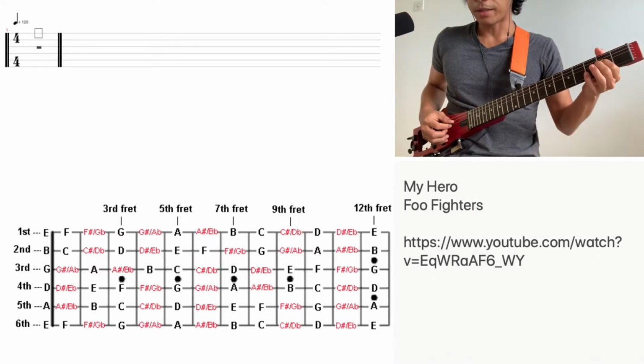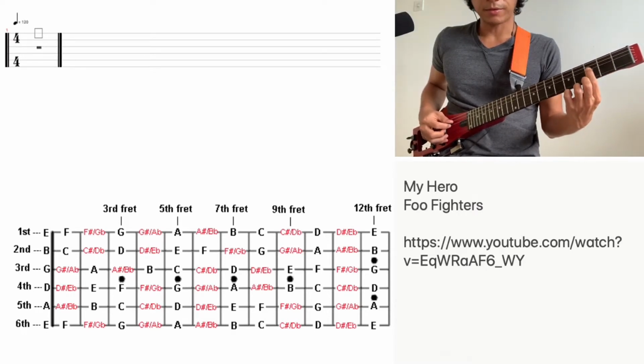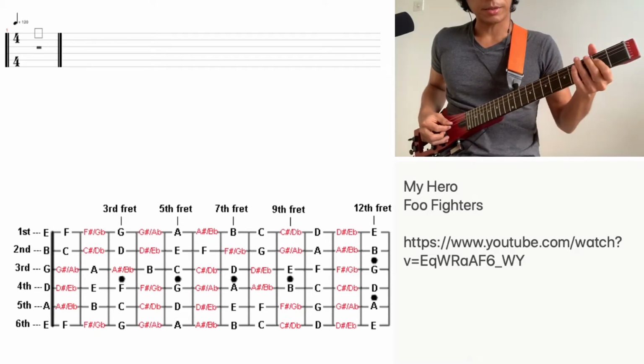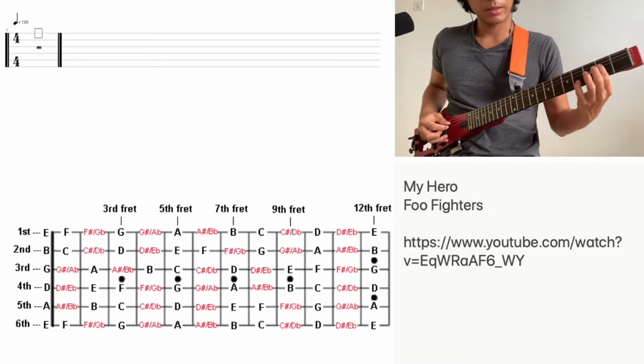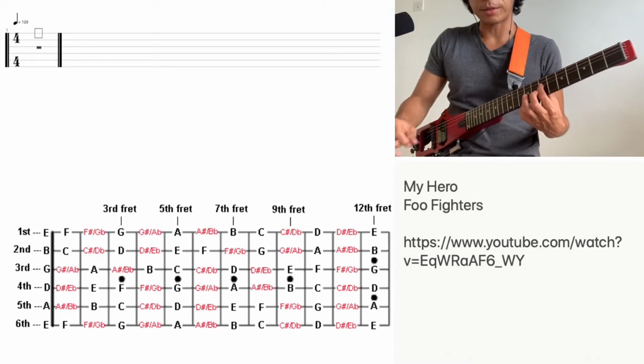On the 2nd fret of the 4th string, that's the E. On the 3rd fret, that's the F. On the 5th fret, that's the G. And on the 7th fret, it's the A. We're just going to learn up till A first. Just try to memorize that. So we've got D, E, F, G, and A on the 4th string. Memorize that first. You can pause the video and just let it sink in.